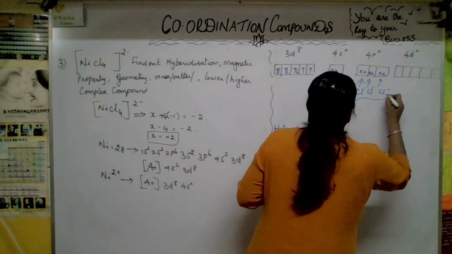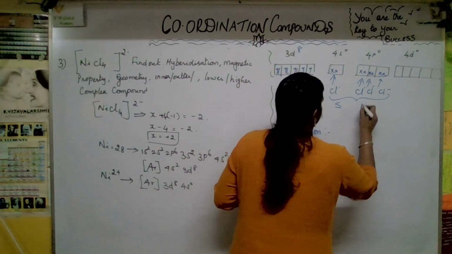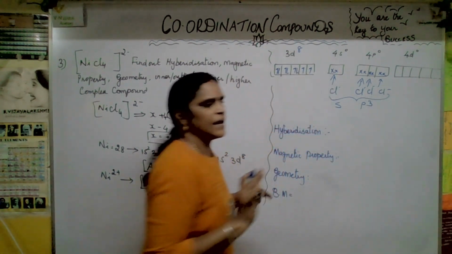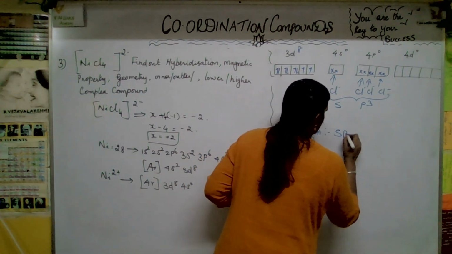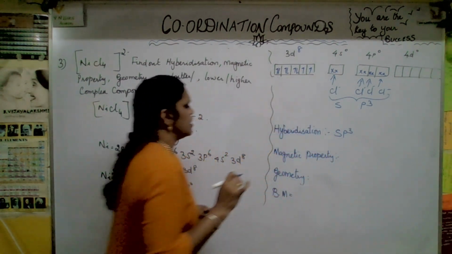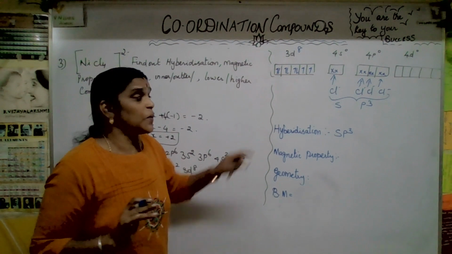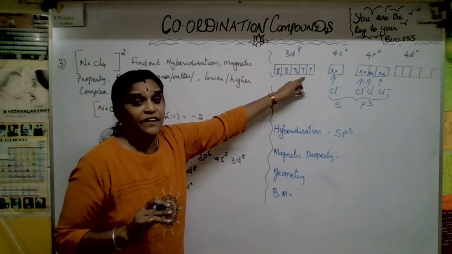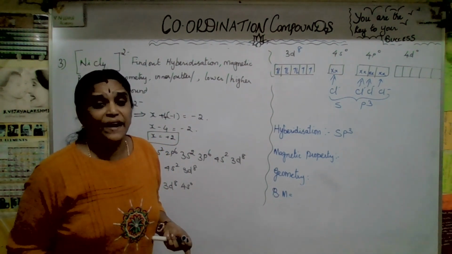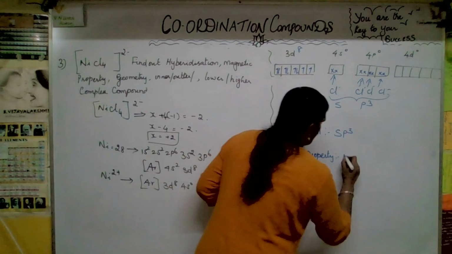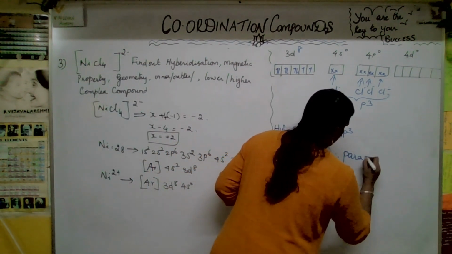So altogether, what is the hybridization here? sp3 hybridization. Okay, now magnetic property, as you mentioned here, unpaired electrons. Naturally it is paramagnetic property.